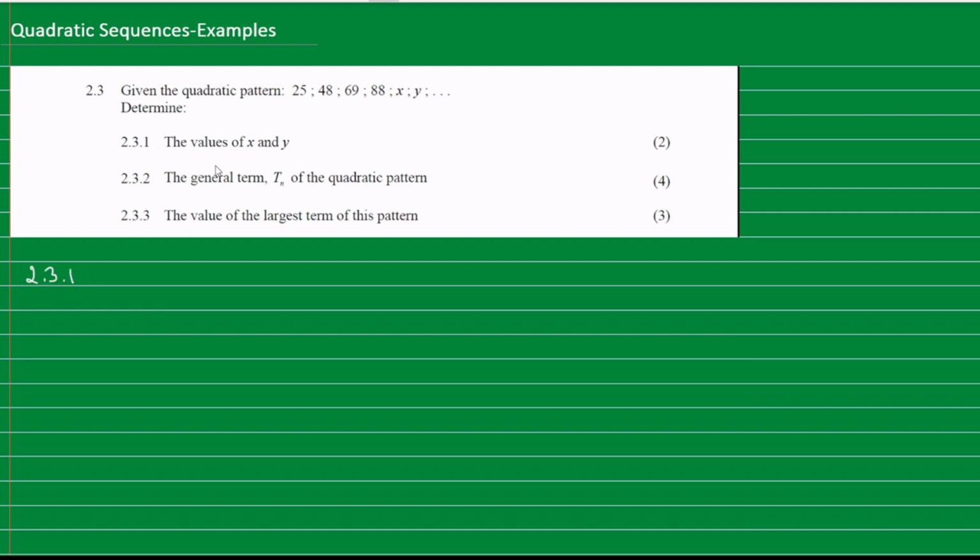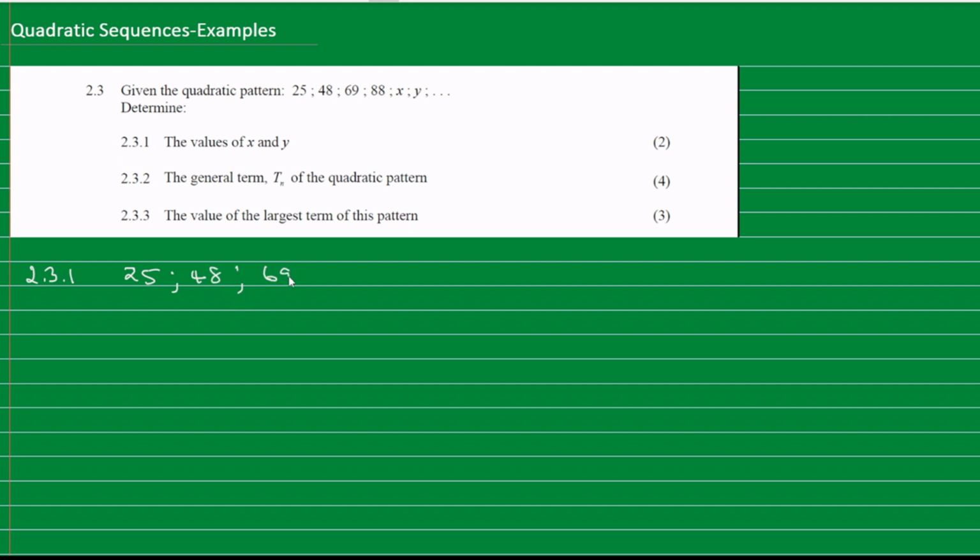This one has nothing to do with what we have explained earlier, but in a sense we do apply the same principle. What we'll do is take the numbers and write them down. There are 2 marks here, so it shouldn't be much of a hassle.